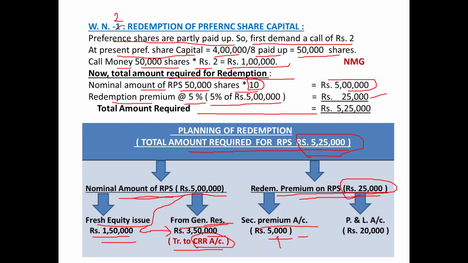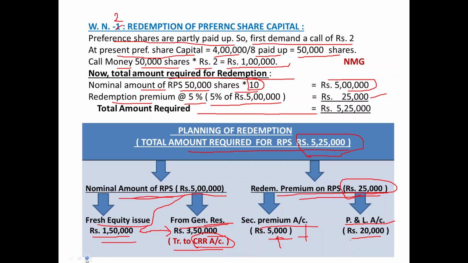So after taking that amount, the remaining 20,000 would be written off to the profit and loss account of the current year, as there is no other option available. So 25,000 redemption premium on RPS: from security premium 5,000 and the remaining 20,000 from profit and loss account, which means 20,000 would be written off to the profit and loss account of the current year.